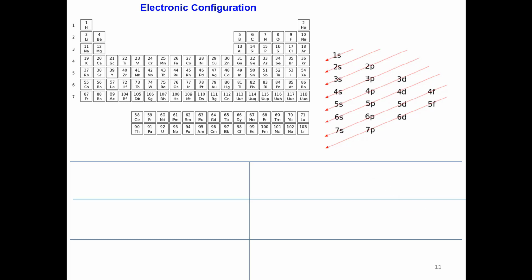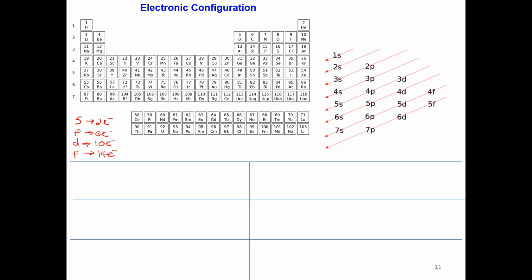Also, we need to remember the subshell S holds up to 2 electrons. Subshell P holds up to 6 electrons, D up to 10 electrons, and F up to 14 electrons.